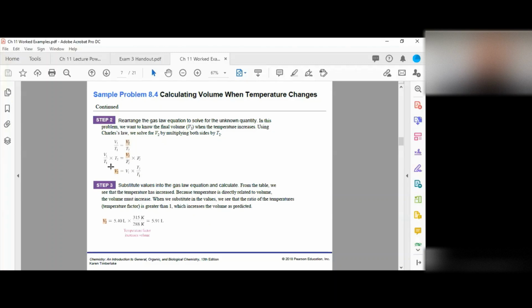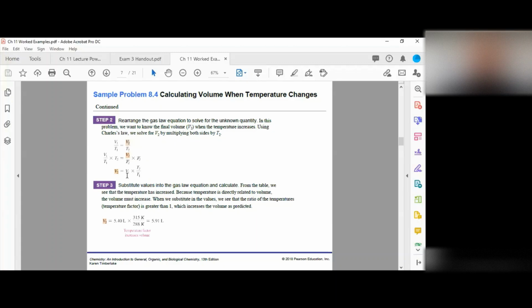This final equation is actually easiest to get straight from the first one without going through the second. So solving for V2 equals V1 times T2 divided by T1. We call that cross multiplication.